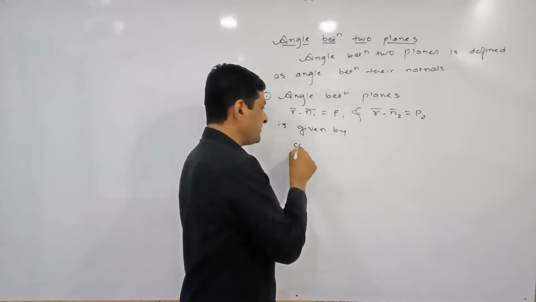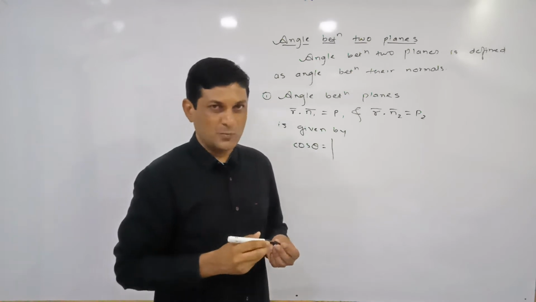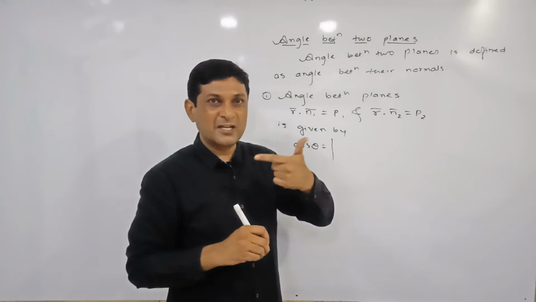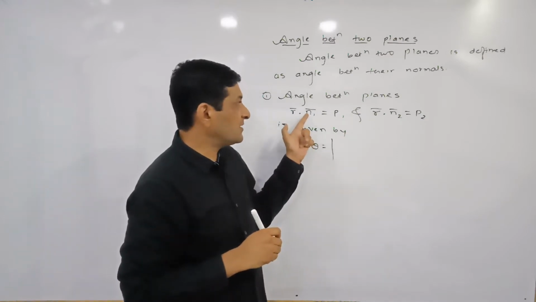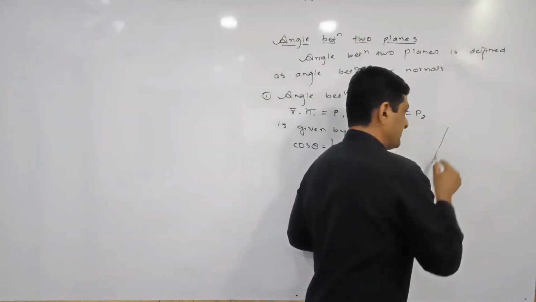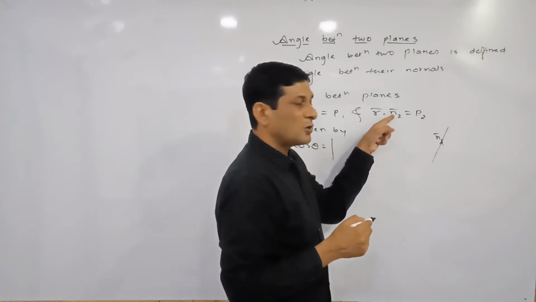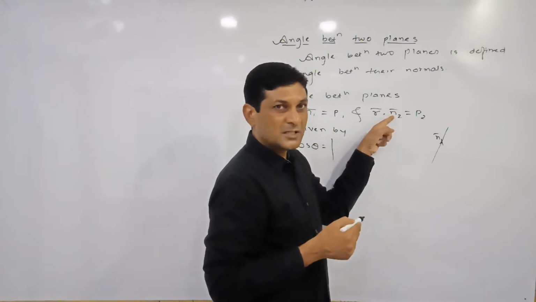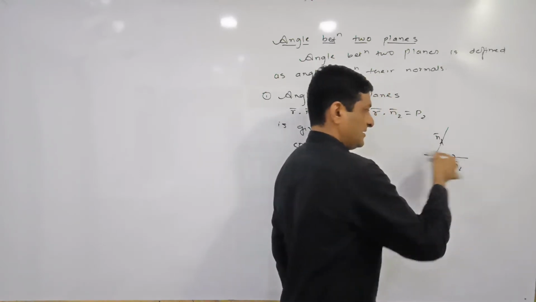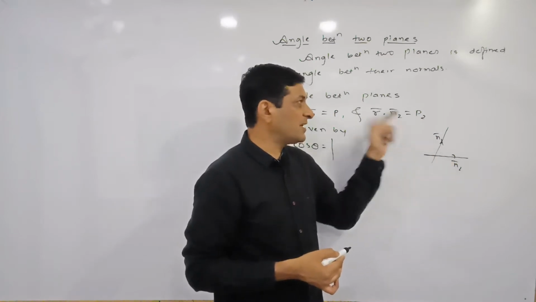So applying this definition, we are trying to find out a formula to find out angle between two planes. Now what our definition says, that to find out angle between two planes, find out the angle between their normals. So which is the vector along normal first? N1 bar. Let us suppose that this will be one line, and vector along this line is n1 bar. And let vector along the normal to the plane second be n2 bar. Let this be the normal to the plane second, and n2 bar is vector along the normal.